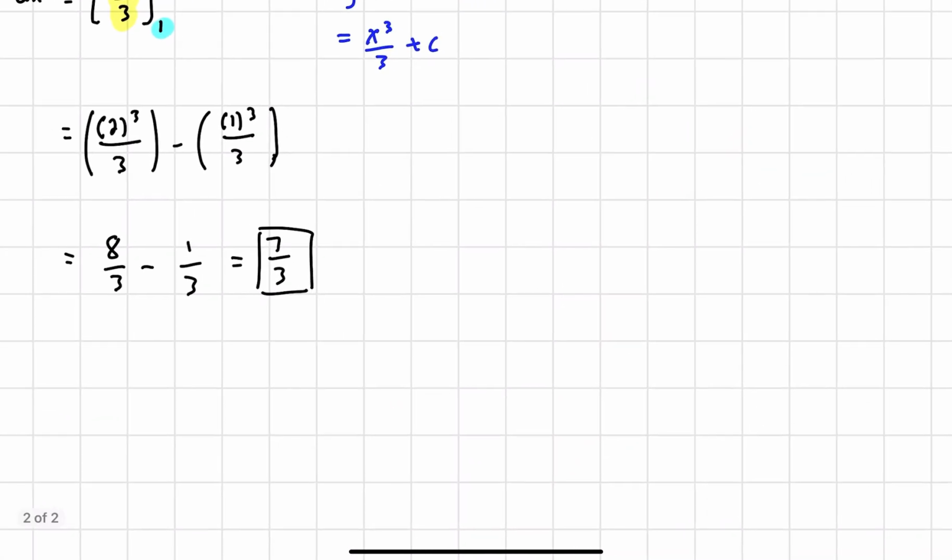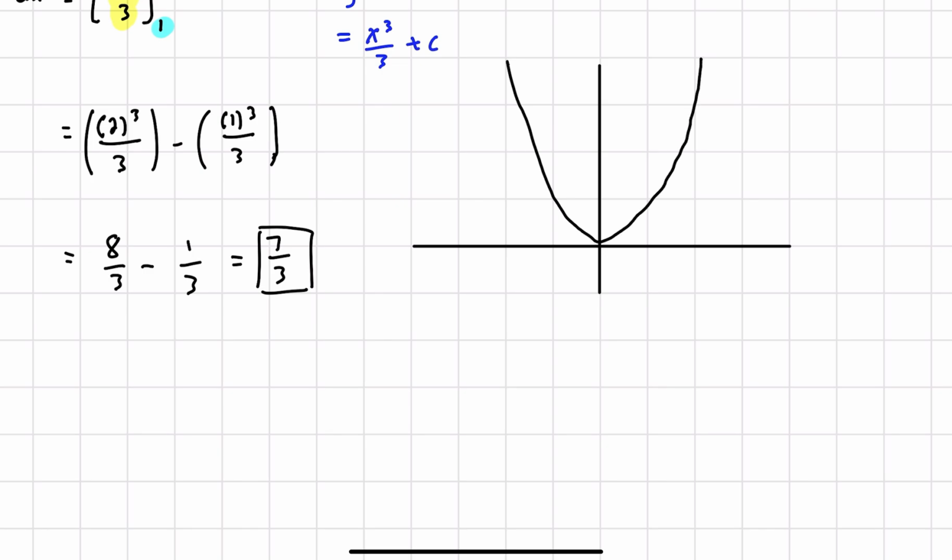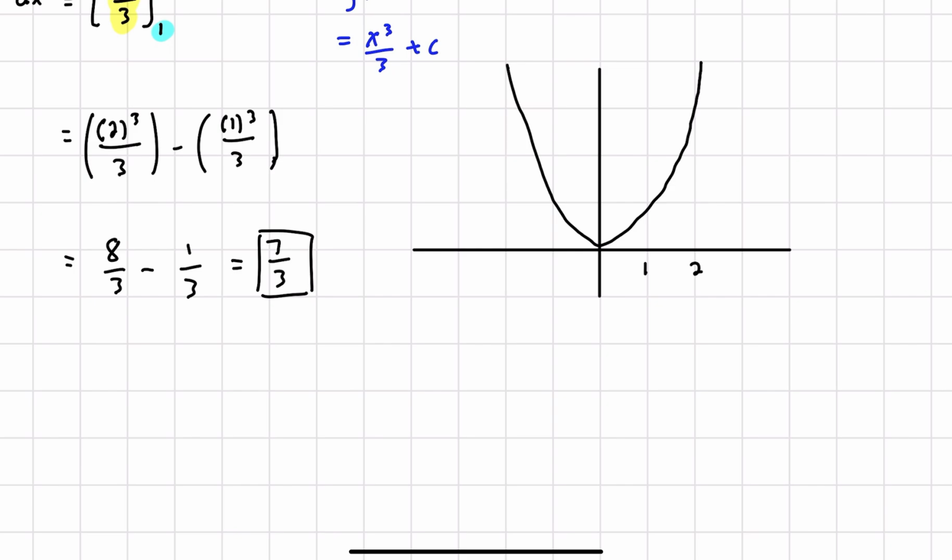And to make this more visual, let's graph this out. So let's say we have our parabola like this, and then our bounds are from 1 to 2.